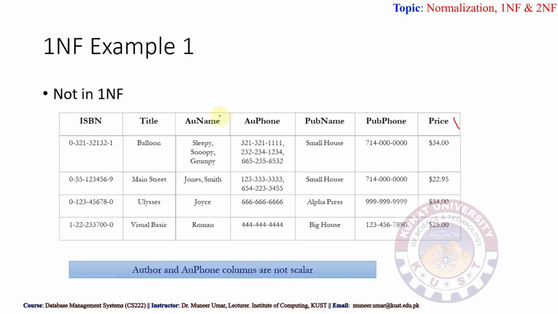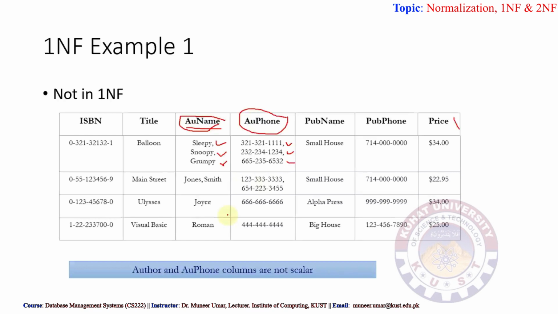If you look into the table, under author name we have multiple values under one attribute in a single row. Similarly, for author phone we have multiple values, so we can say that author name and author phone both are multi-value attributes. Due to these values, this table is in unnormalized form.